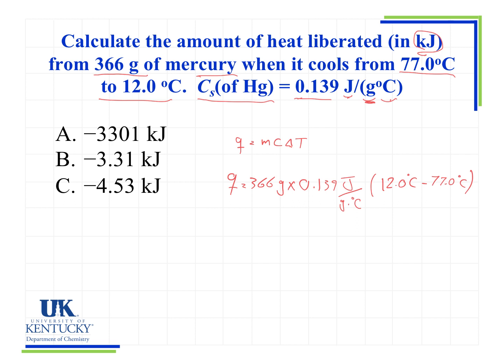Okay, so gram with gram and degrees Celsius minus degrees Celsius ends up with degrees Celsius with a number, and you can cancel these two together. We end up with joule. We want the answer in kilojoules, so let's first find the answer in joule and then convert that into kilojoule.